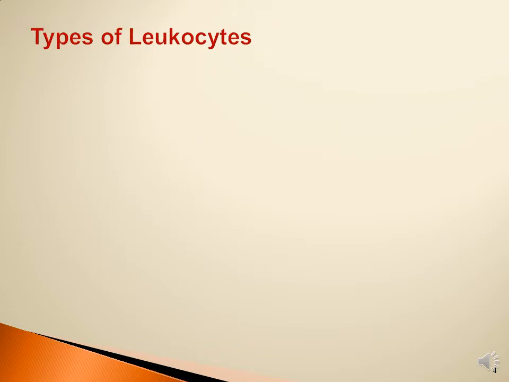What are the different types of leukocytes? We can generally classify leukocytes based on the presence or absence of granules upon staining of the white blood cells with a special stain and examination of these cells under the light microscope.